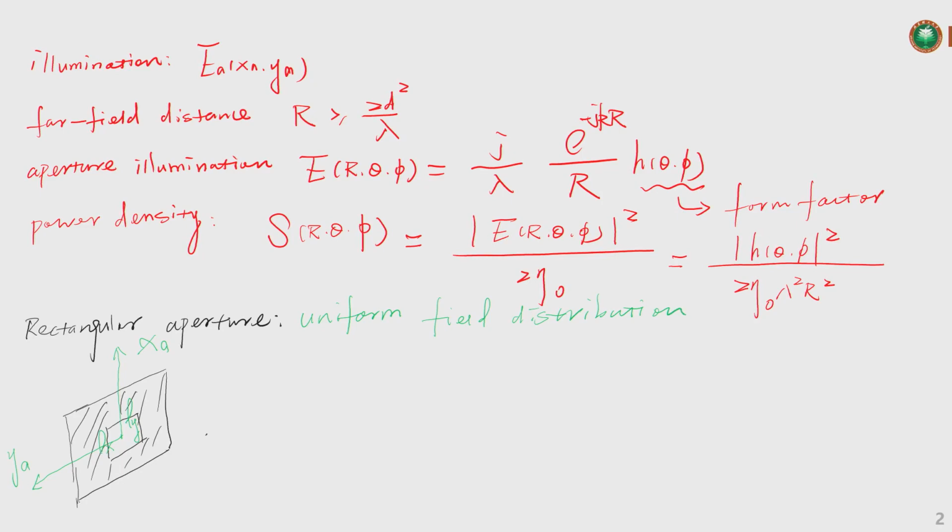That means the radiation field is uniform over the whole aperture, and it can be said to be E0, right? When XA is smaller than half of Lx, and YA is smaller than half of Ly, and of course 0 elsewhere.